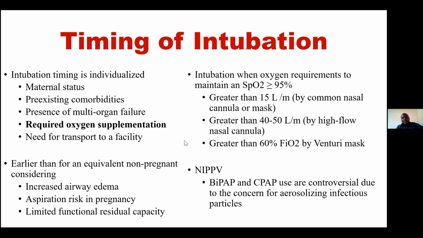Or you need to use greater than 40 to 50 liters per minute using nasal cannula, which I think is not available in most of our settings. So please have a target oxygen saturation at the level we need, and if not, early transfer of the patient to high care is recommended.